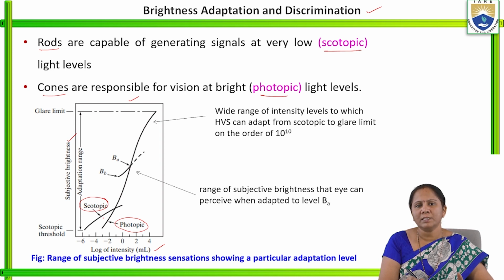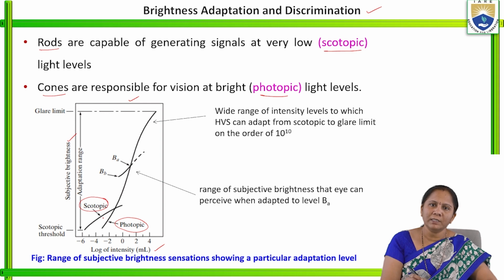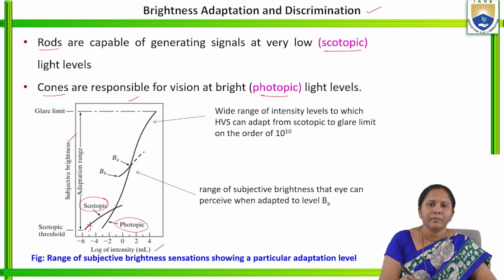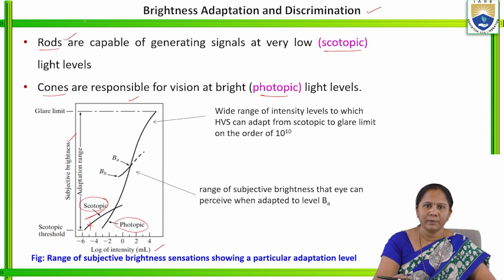And if the same person enters into a dark room, in order to see that object, his perception will be different. But both cannot be done simultaneously. So if a person enters into the dark room, his perception will be somewhere here at this particular point, which comes under scotopic, because in that case the rods will be activated.